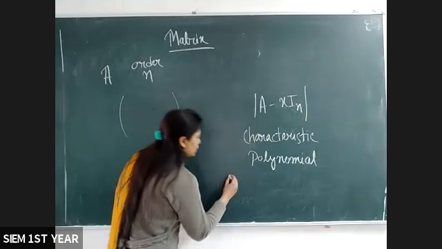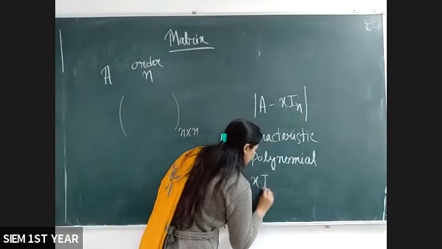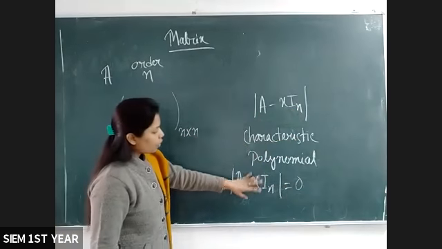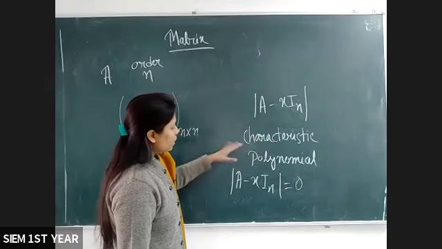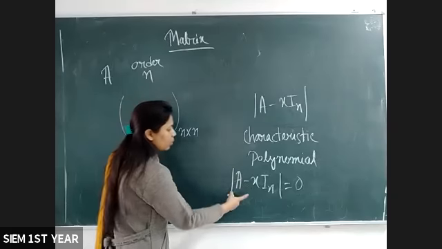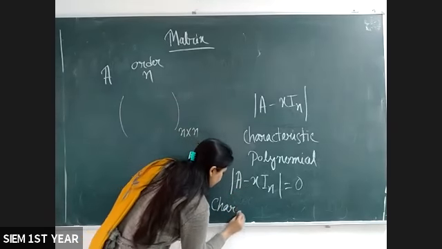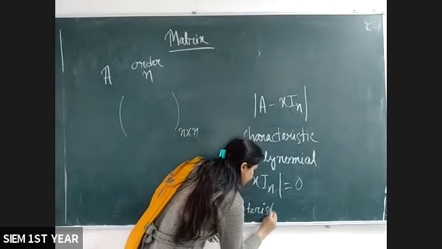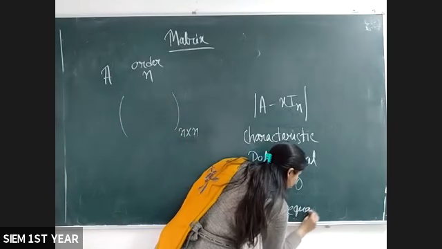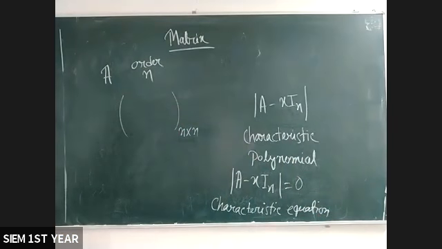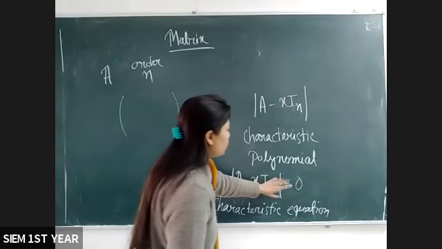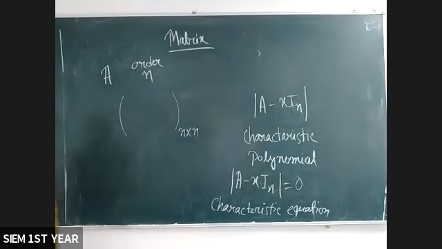Next, if you consider this same determinant A minus x I n equal to 0, then the polynomial is converted into an equation, since you are equating it with 0. This equation is called the characteristic equation. So the determinant of A minus x I n gives a polynomial in x, called the characteristic polynomial, and if you equate it with 0, it is called the characteristic equation.